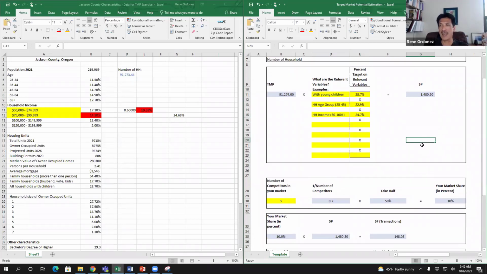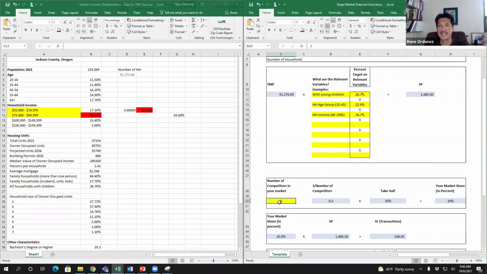But before we do that, we'll look at the number of competitors in your market. Through research, you find out who are the construction companies in this area that specialize in the same market segment. So I just say, through my research, I've identified 5.